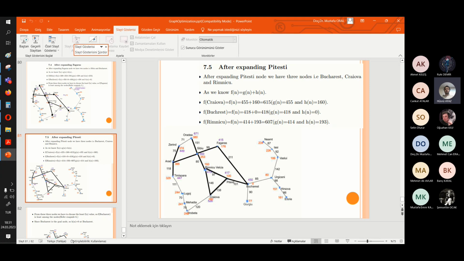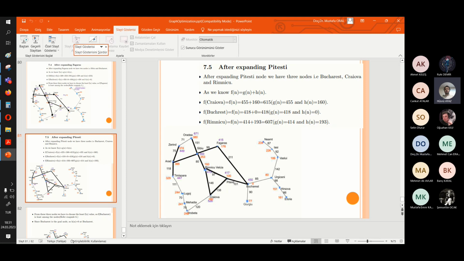Anladım hocam, ama eğer değilse hesaplamaya devam etmesi gerekiyor, değil mi? Muhakkak, az önce yaptığımız gibi. Diğerlerini de hesaplamamız gerekiyor, onları da göstermemiz lazım.